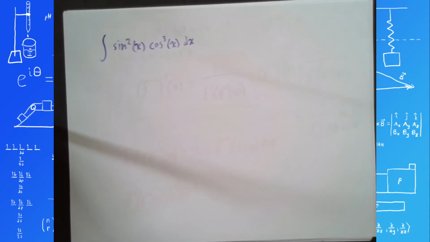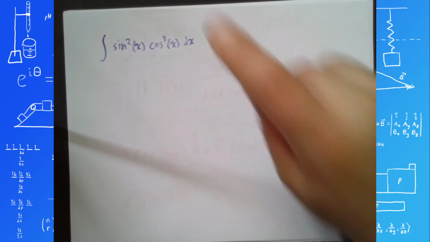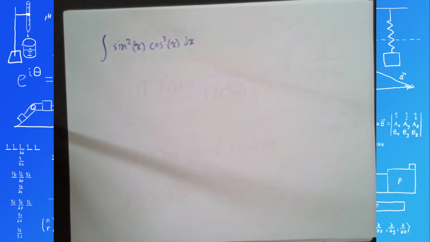If you have an odd power of cosine, then you want to save one cosine, not for u substitution, but to use in the result of your u substitution, and then turn all of your other even-powered cosines into sines using the trig identity sine squared plus cosine squared equals 1.